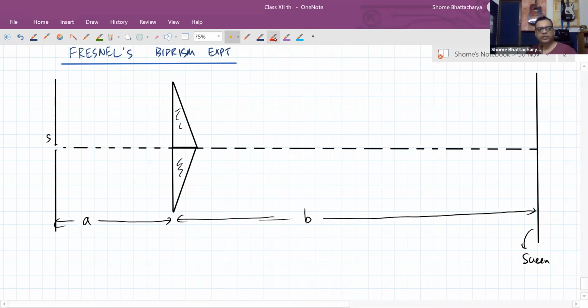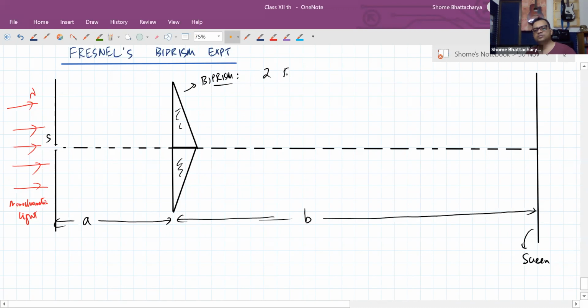So this is the basic experimental setup. And you have monochromatic light coming from a monochromatic primary source which illuminates the slit, of wavelength lambda, let's say. Okay. Now this is the biprism, which is basically two right angled prisms.